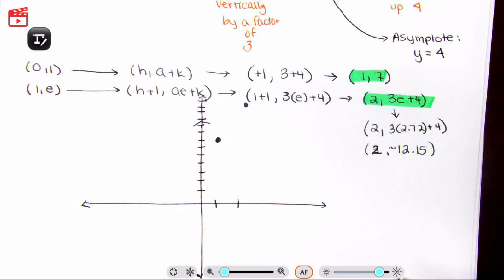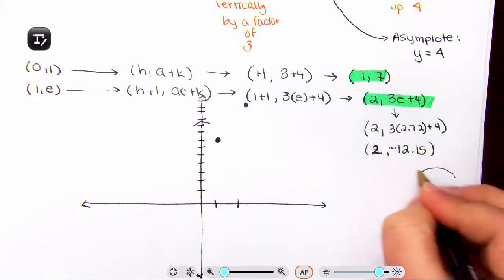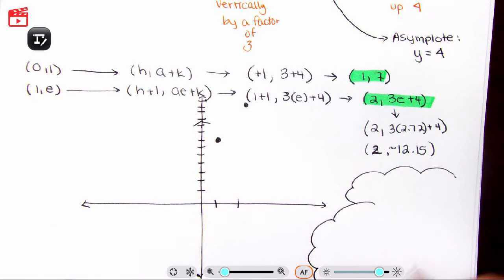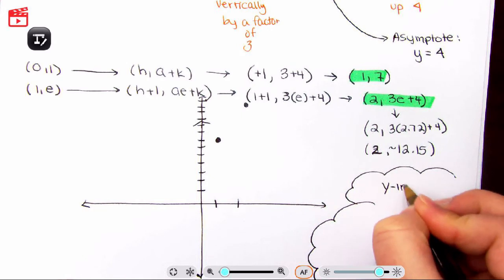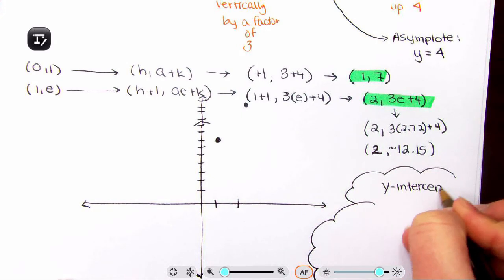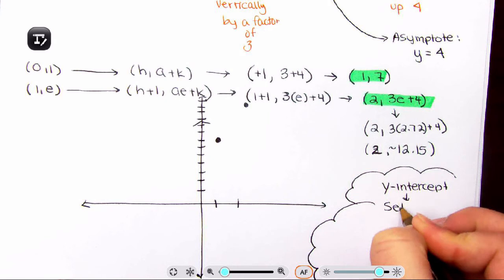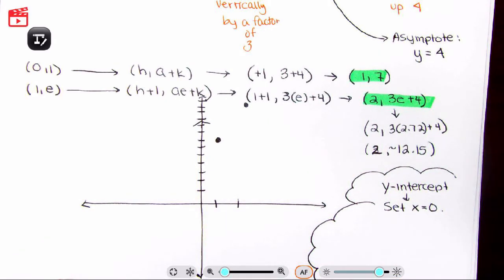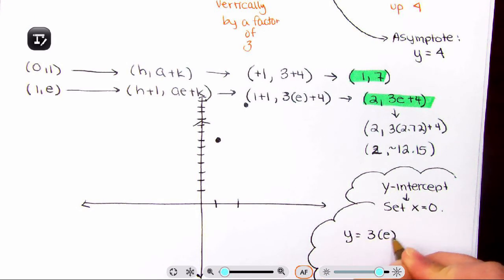So your y-intercept, let's do a thinking bubble here. For the y-intercept, you're going to set x equal to 0, and then you're going to solve. Again, it might give you not a pretty number, and that's okay. These are just approximations because e is irrational. Sometimes the values you get are also irrational. So you're going to say y is equal to 3 times e to the 0 minus 1 power plus 4.